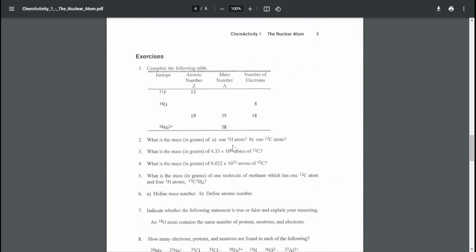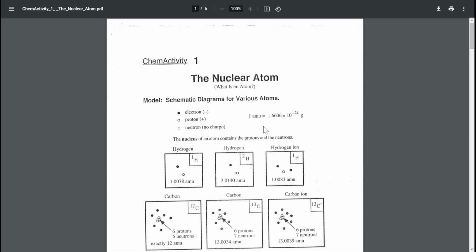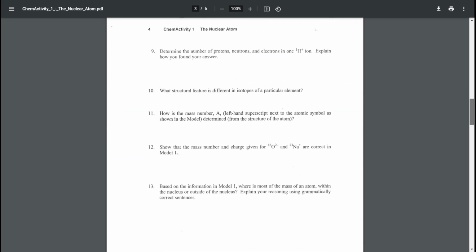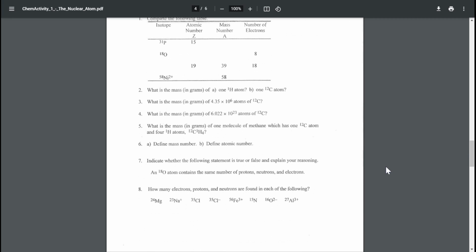You need to take the amount of AMU that you have and multiply it with that first number you got right here to get how many grams each of these isotopes weigh in grams.